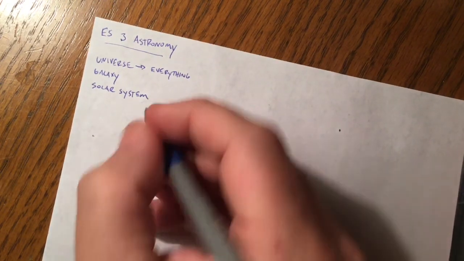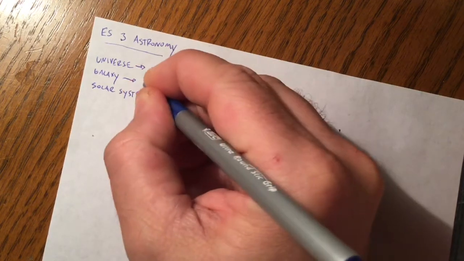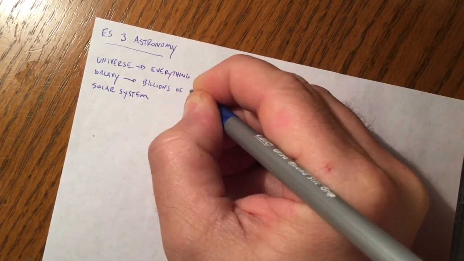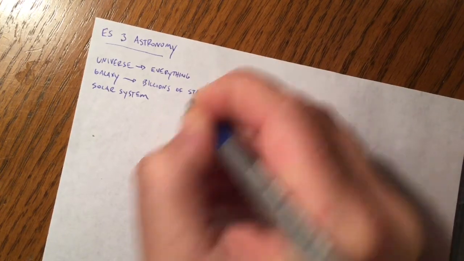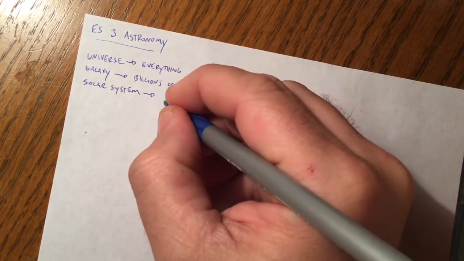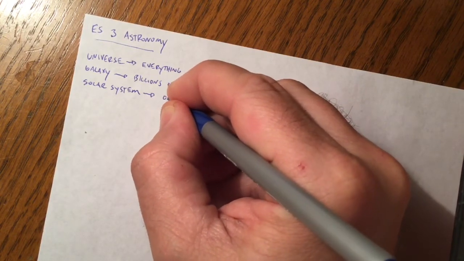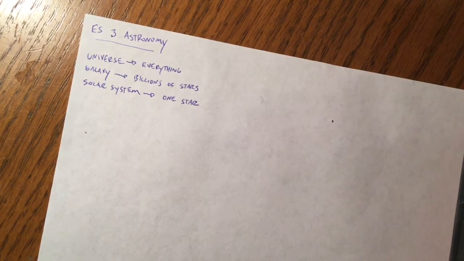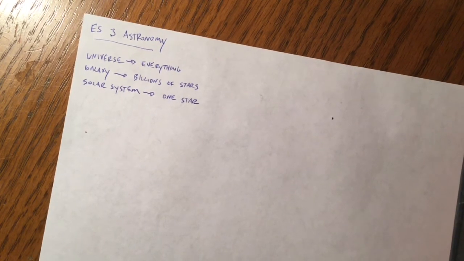The universe contains billions of galaxies, which themselves contain billions of stars, often hundreds of billions of stars. And the solar system is one star with some planets. Sometimes solar systems are binary, meaning they have two stars, but that won't be on the test.